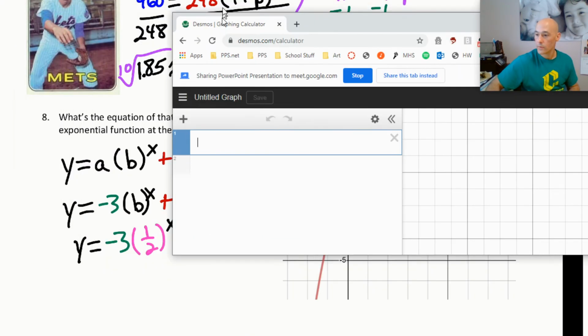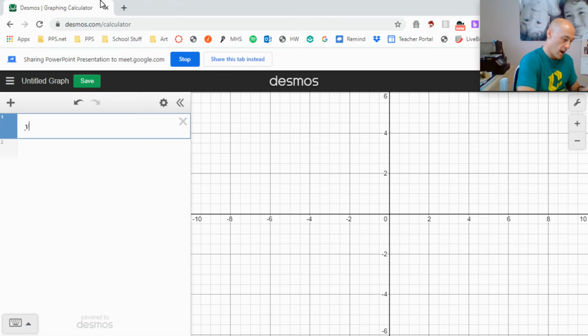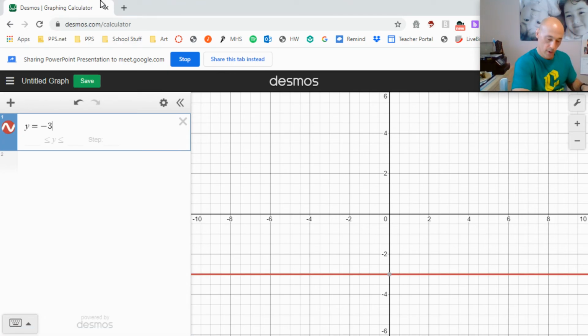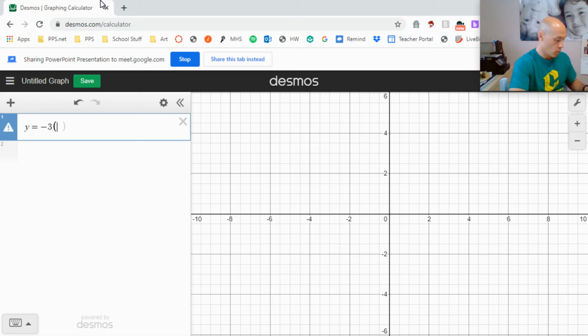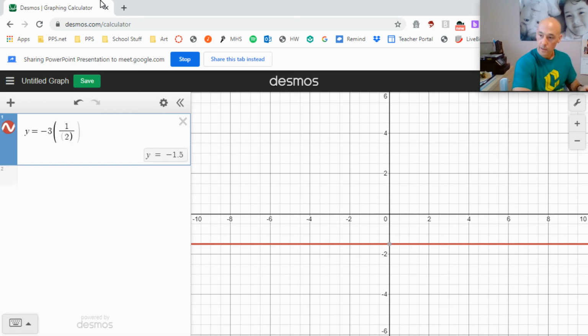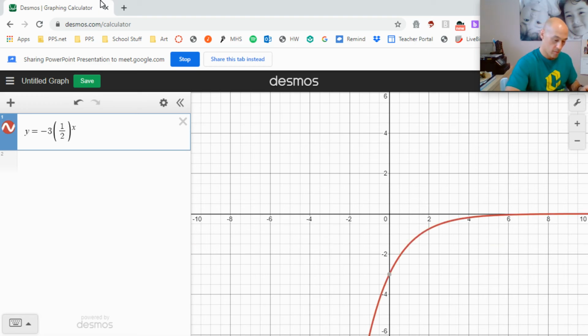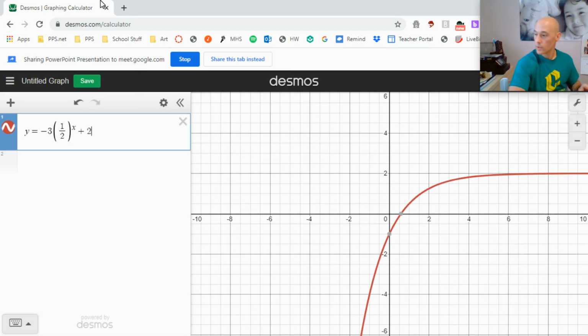So if I do y equals -3 times 1/2 to the x power plus 2, this point right here is (-1, -4). So that's good.